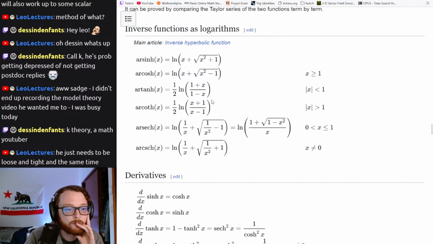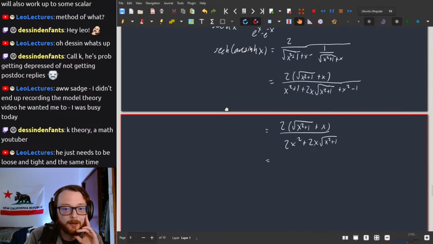Oh yeah, inverse. Huh. I seriously can't find what I did wrong. Ah, what did I just do? Okay.